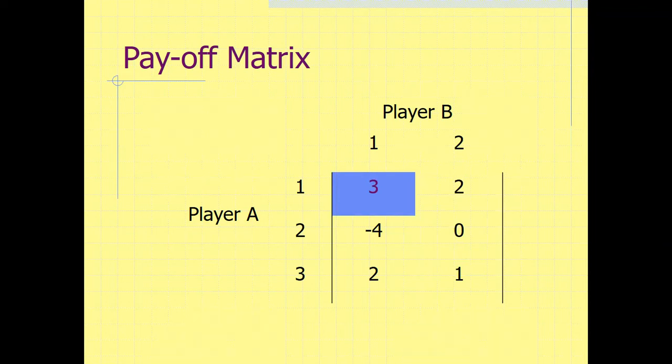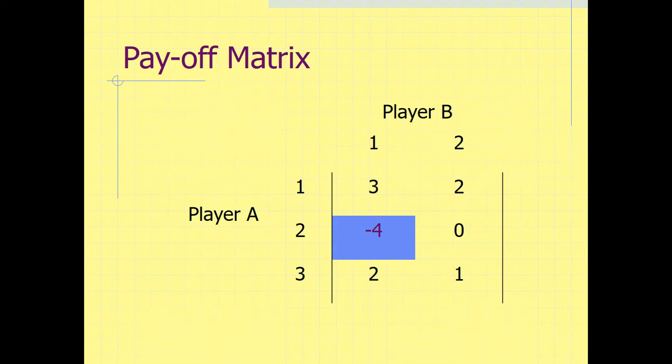Now this value 3 is positive, which means player A is gaining 3, and this is if player A selects the first strategy and player B selects the first strategy. This is the value when player A selects the first strategy and player B selects the second strategy, again positive.